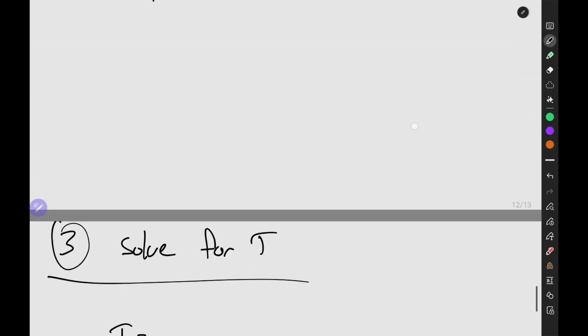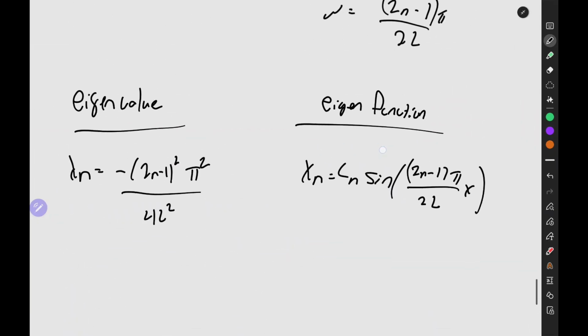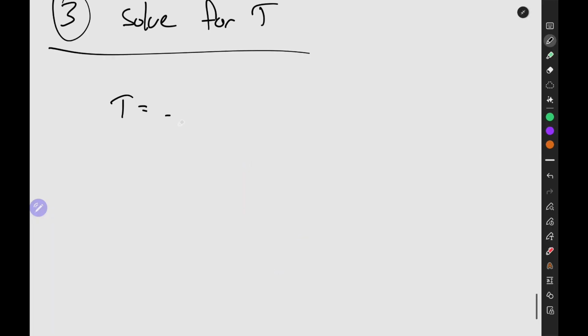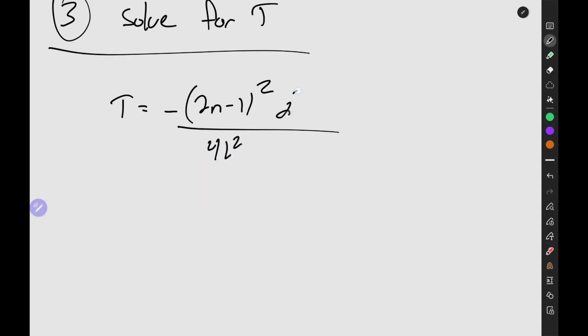So this is negative 2n minus 1, I'm just going to rewrite lambda, times alpha squared times T. Oh, I forgot the pi squared from lambda times T.